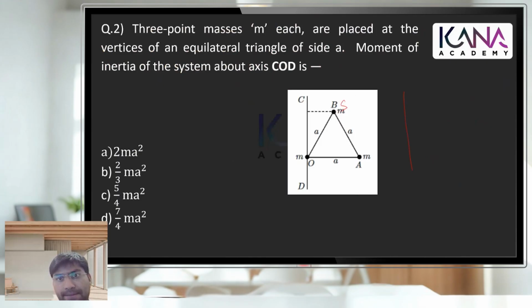So this component can be written as, let's say this part is 30 degree, and this is A. So then here it will be A sine theta, that is nothing but sine 30. Let's see how to go about this question.